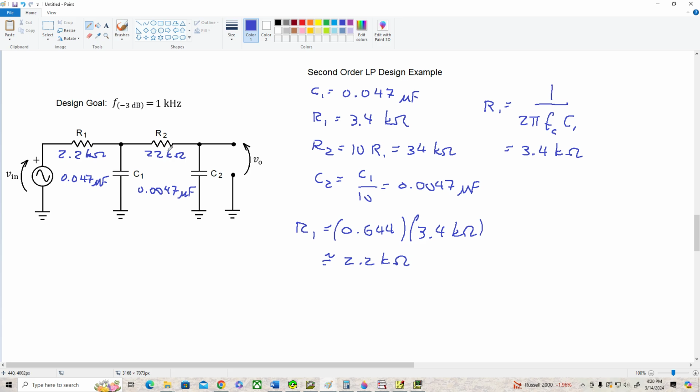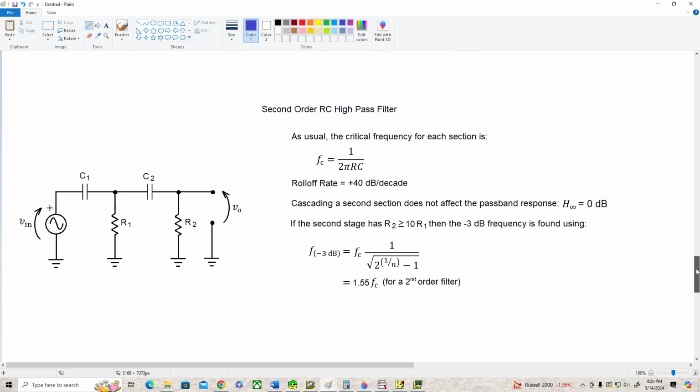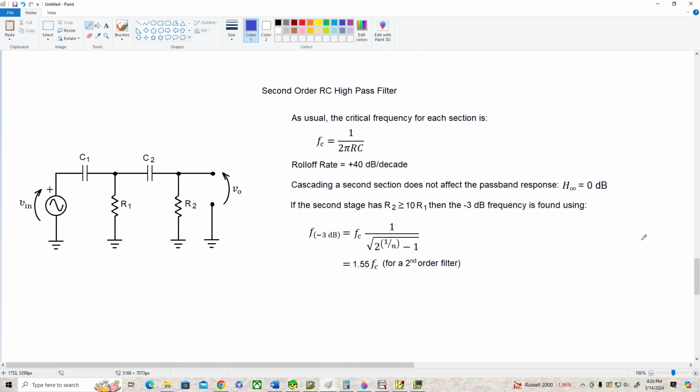All right. Now, let's go on and talk about the high pass circuits for a minute. All right, the second order RC high pass filter, and as usual, the critical frequency for each section is 1 over 2 pi RC. It rolls off at plus 40 dB per decade.